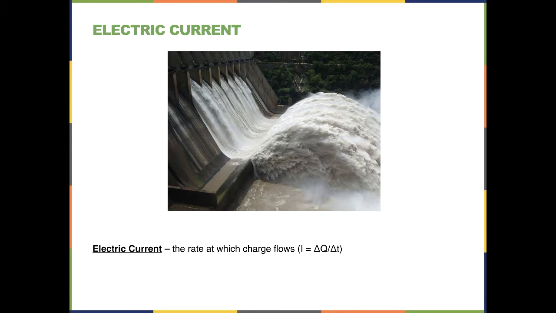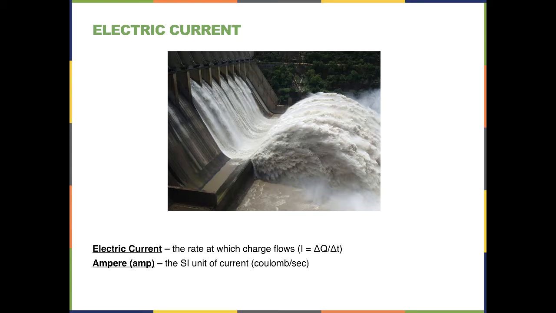So electric current is the rate at which charge flows within a conductor. In this situation, I, which is the symbol for current, is equal to the change in charge, Q, over the change in time, T. I is frequently measured in the SI unit ampere, and that represents a coulomb, a unit of charge, per second, a unit of time.